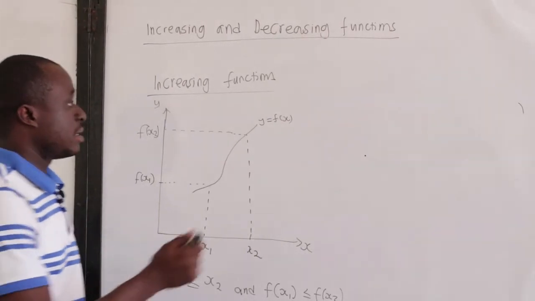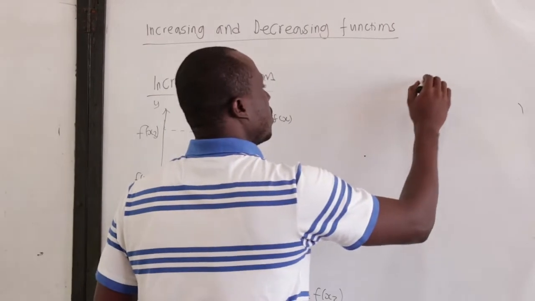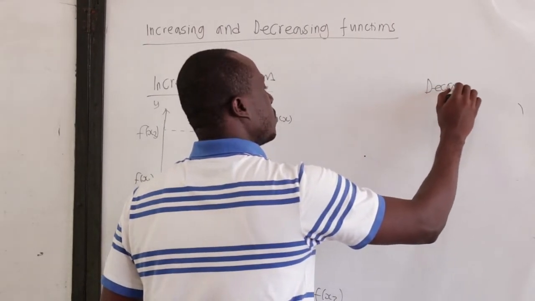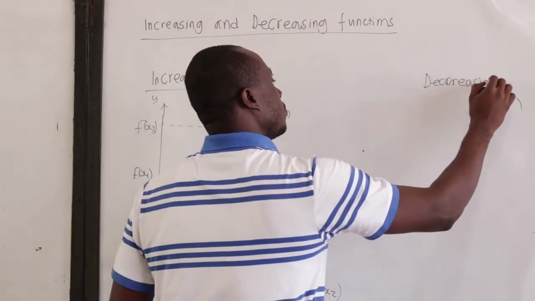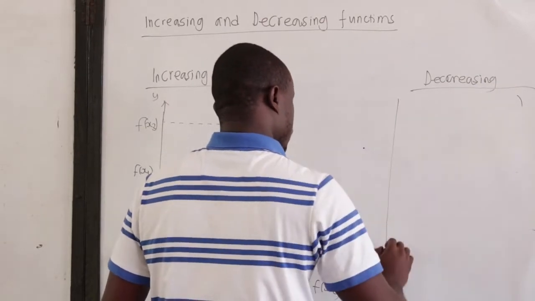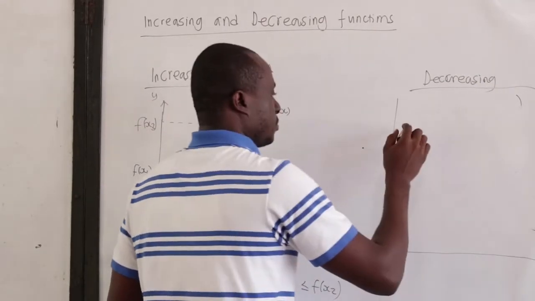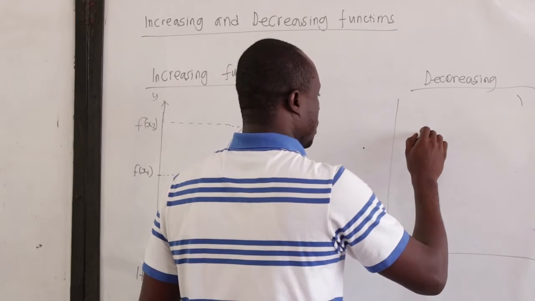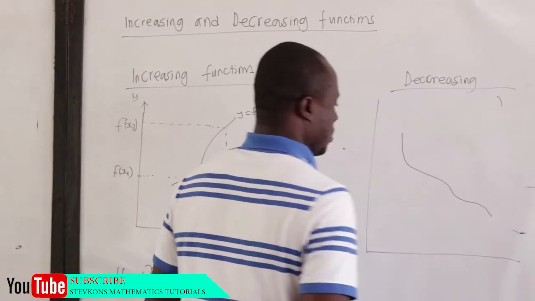On the other hand, if we have a decreasing function, if we have a curve, and let's suppose that the curve is just like this.